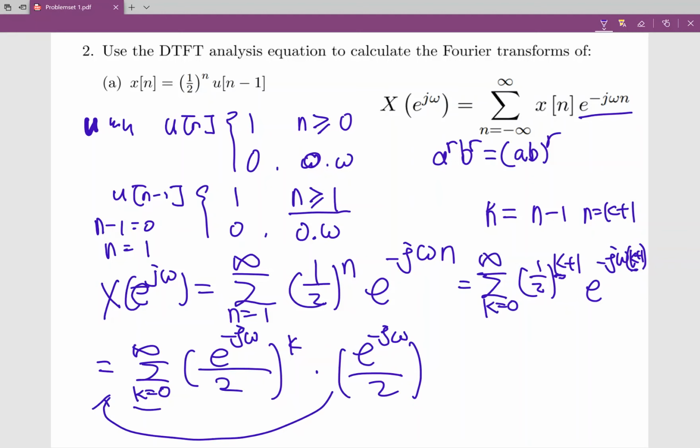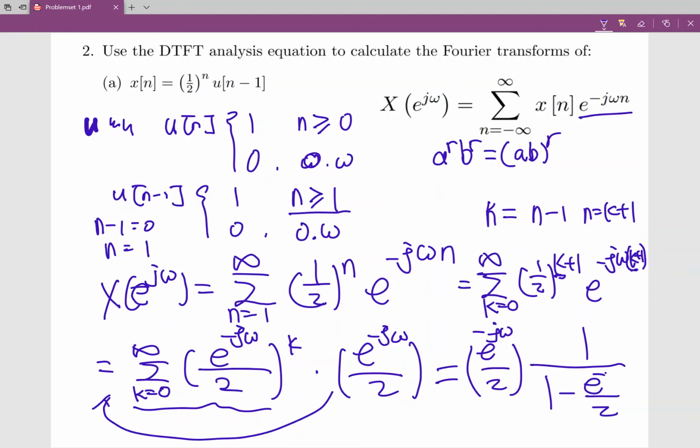And the term here, well, we can use the geometric sum. Let's keep the term here: e^(-jω/2) over 1 minus 1/2 e^(-jω). Yeah, so that's the answer.